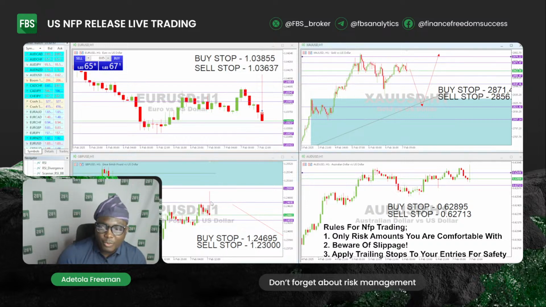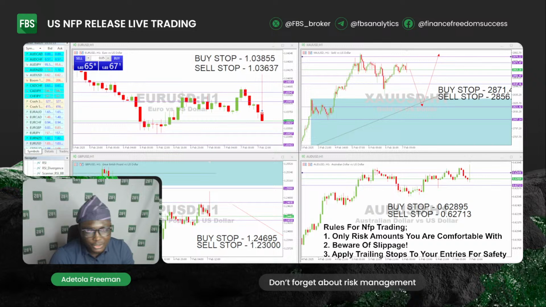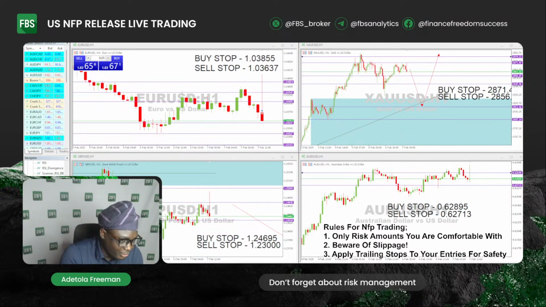This is what we call a whipsaw, and that is why I advise that people use the trailing stop as against using a stop loss. The trailing stop would protect you a lot better, because the trailing stop, as against the regular stop loss, will actually follow your price based on how it moves.